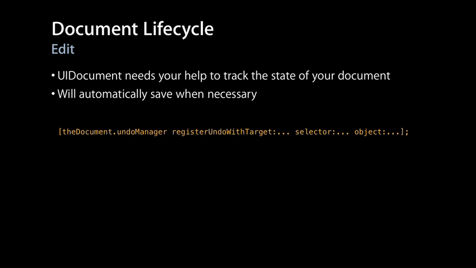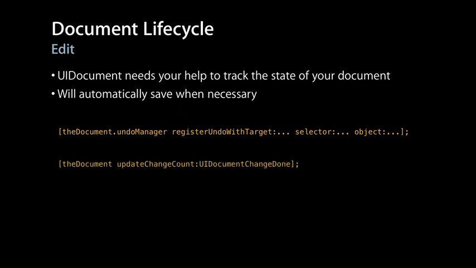In this case, you can do a couple of things. The first, if you actually have operations on your document that should be undoable, you can register those undo operations directly with the document's undo manager. UIDocument will use this information to notice any time there are changes and will automatically mark the document as dirty and thus eligible for automatic saving.